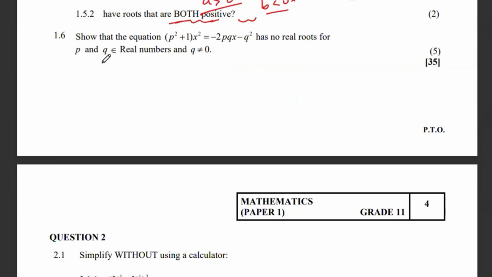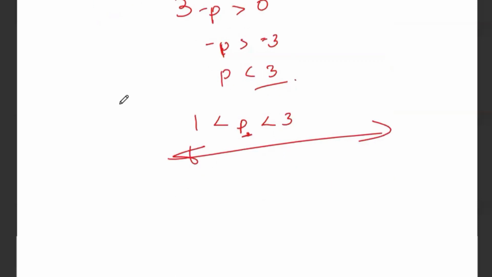Then 1.6: can we show that this equation has no real roots for p and q, being elements of real numbers, and q is never 0? Okay, let me put it aside.